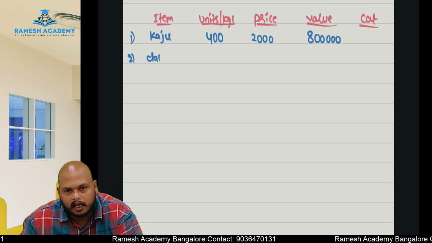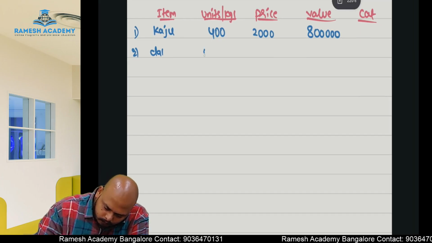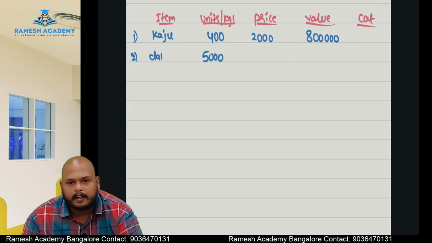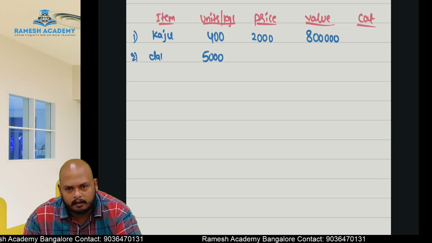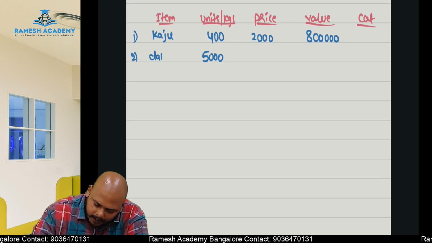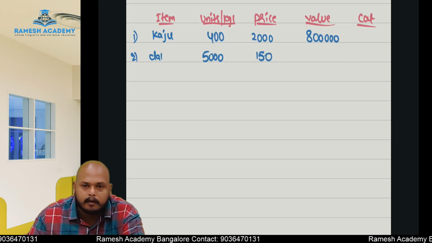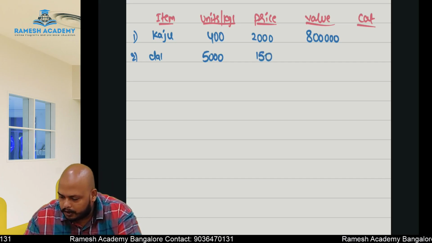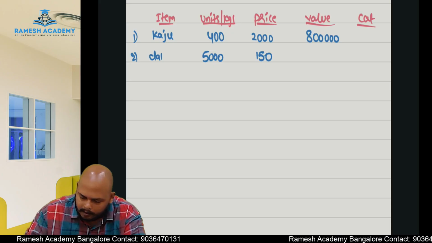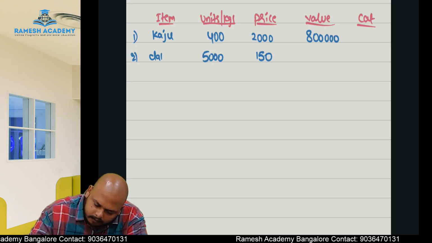Second item, let us take Tur dal. You know dal, right? So let's take an example of dal. This dal is 5000 kgs. Let us take the price per kg as 150 rupees. 5000 into 150 is 7 lakhs.